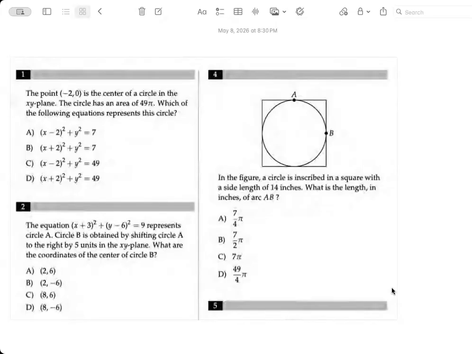Could be obtained by shifting A to the right by 5 units. Yeah, Abhyut, both are right. Oh, that was fast.